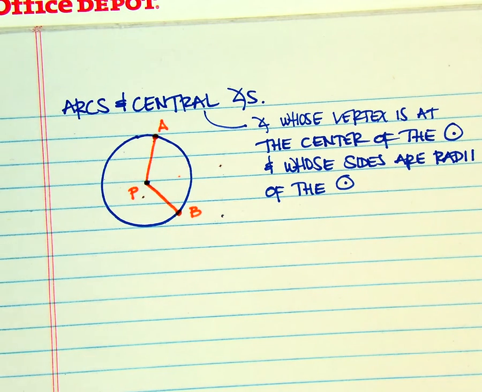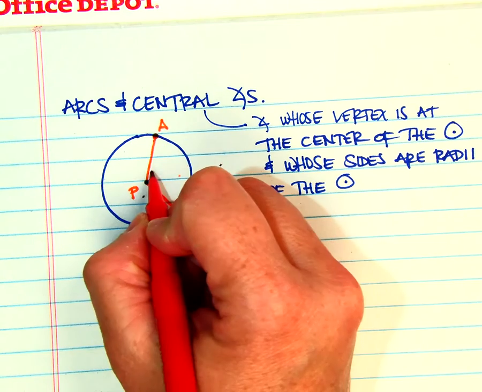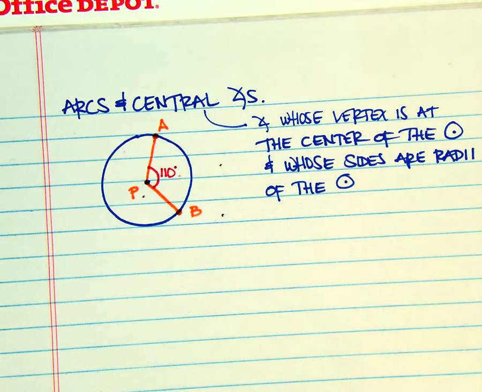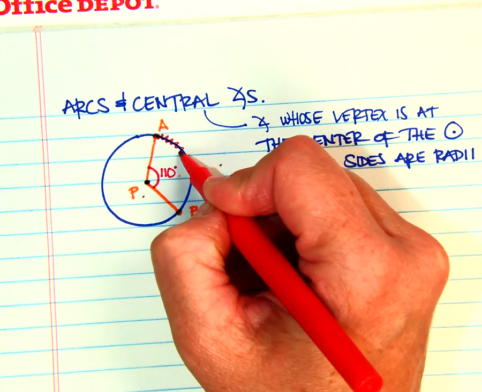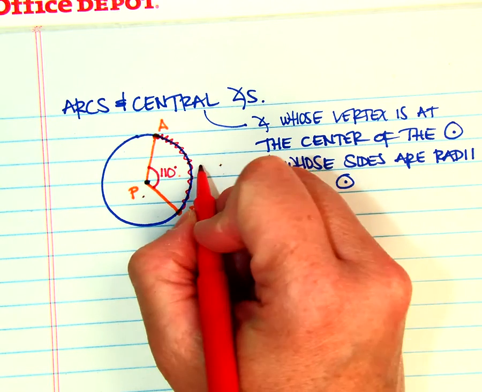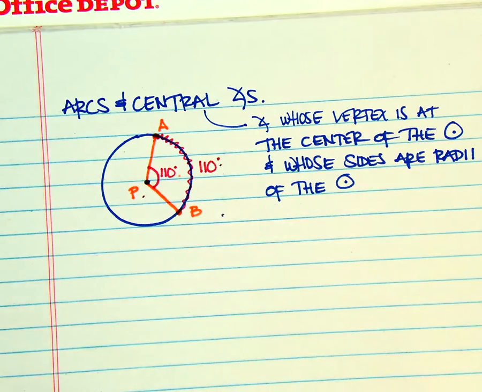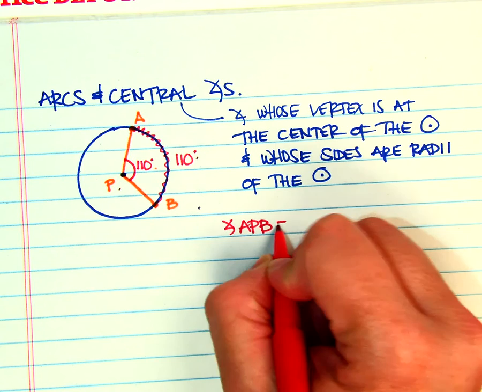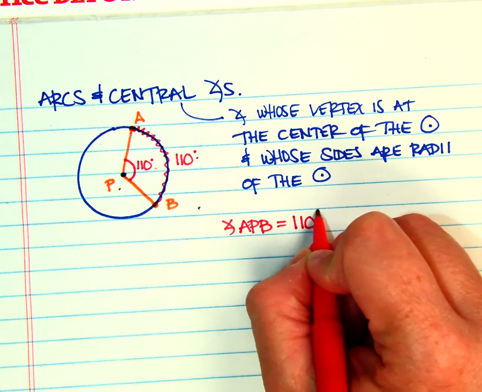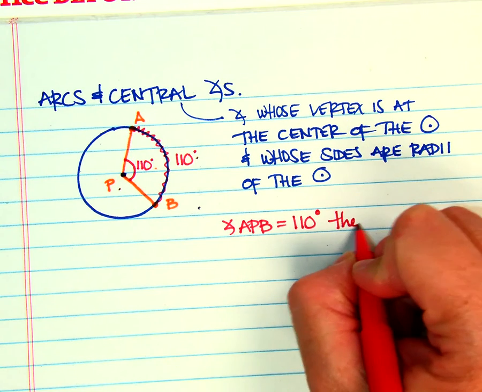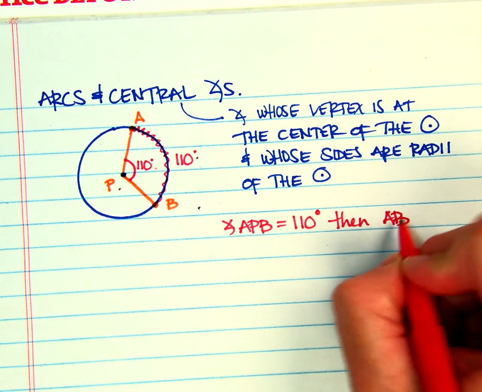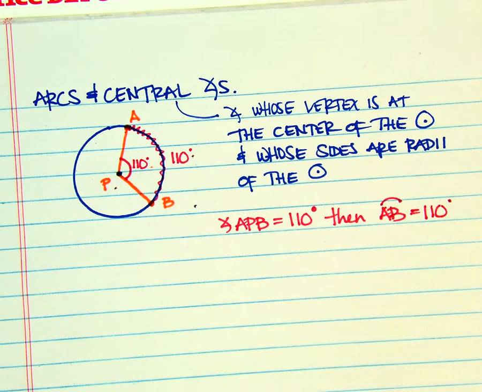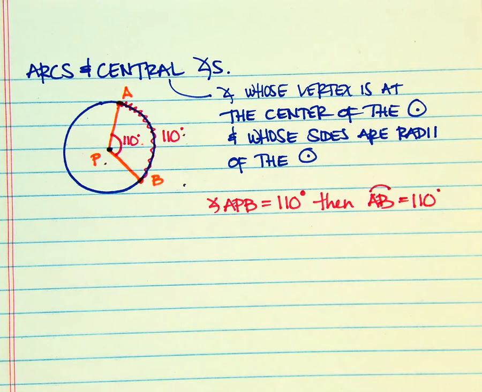So what you need to know is that the central angle, if this is 110 degrees, then this arc measure is 110 degrees. So if I have angle APB equals 110 degrees, then arc AB, because it's a minor arc, equals also 110 degrees.